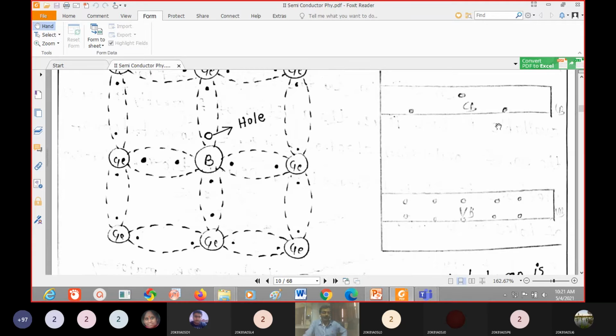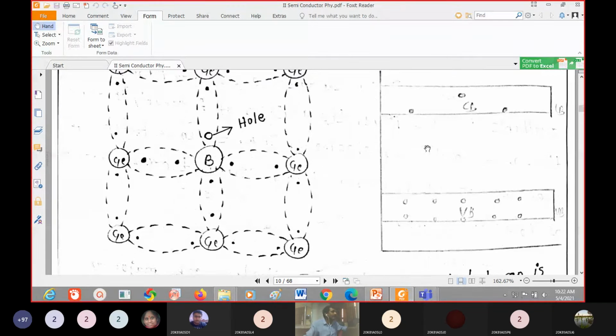That means in the conduction band, the number of electrons is very small compared to the holes. That's why majority charge carriers in p-type semiconductors are holes. Minority charge carriers are electrons.